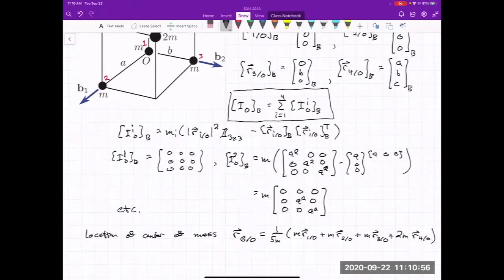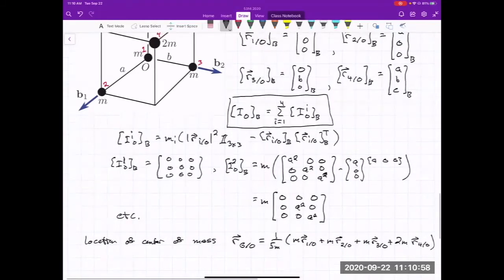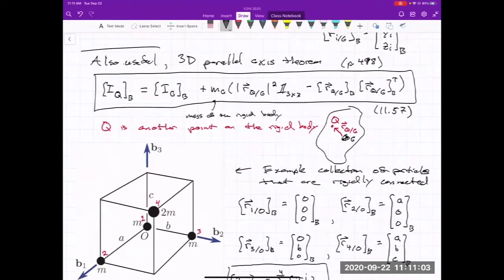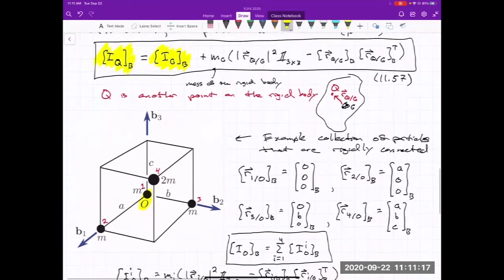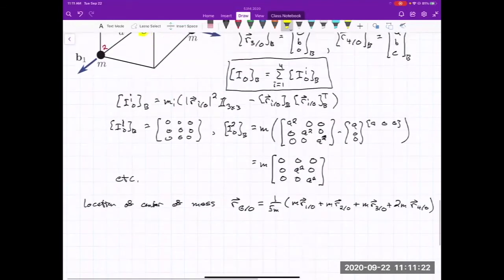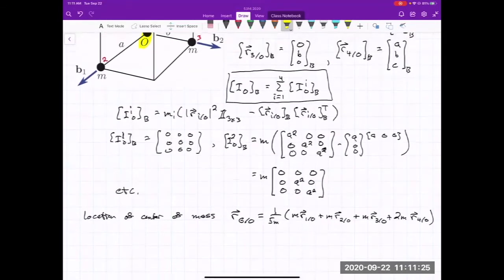Once you do have that, you can use the 3D parallel axis theorem. You rearrange this to solve for I_G^B, given, in this case, your I_Q^B. Q is another point on the rigid body, and for this case, you would use the point O. So you don't have to recalculate all of those matrices. It should be very simple to get the moment of inertia matrix with respect to the center of mass.